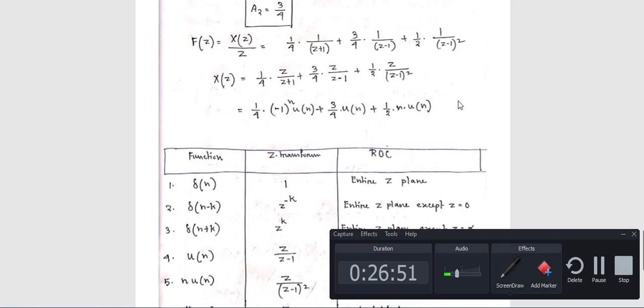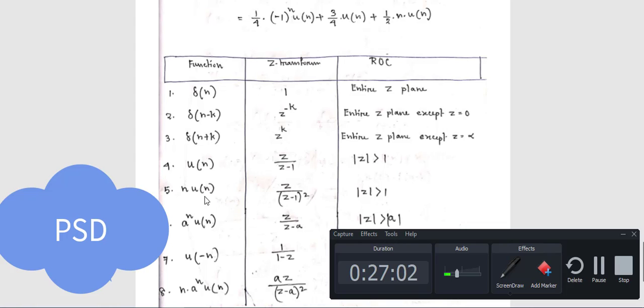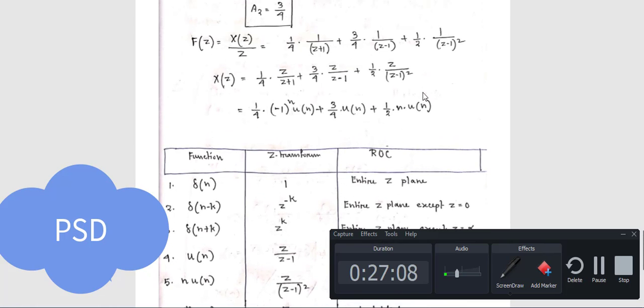Now z by (z minus 1) whole square: z transform of n into u(n) is z by (z minus 1) whole square. If I know that, then I can easily put down this half, the constant part, times n u(n). So this is all about the result of inverse z transform using partial fraction method.